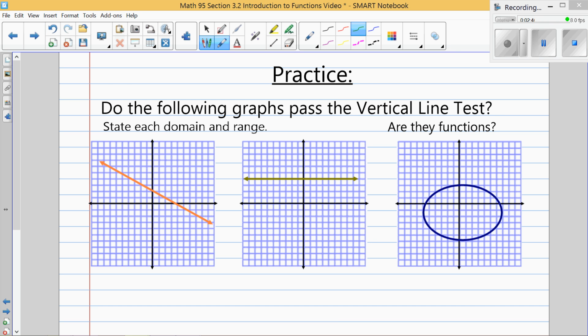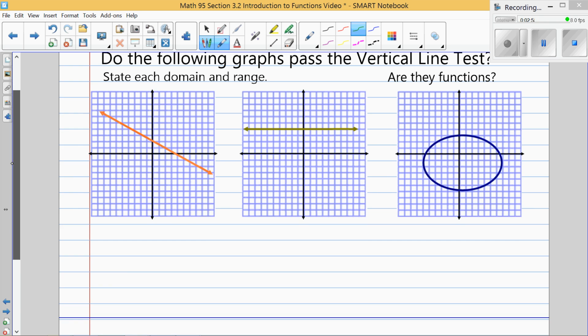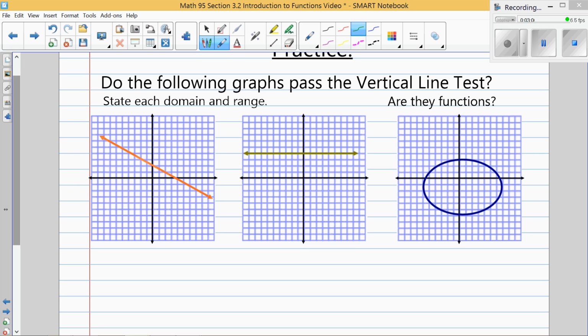We're going to practice just looking at if graphs pass this vertical line test. That will tell us if they're functions, and then we will go and state their domain and their ranges. So I just want to give us a little bit more room to work. If I look at this graph, I am looking to see if a vertical line, let me draw a vertical line that I can use for this. Let's go lines.